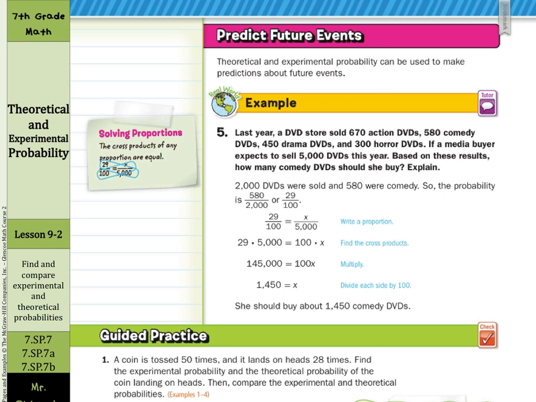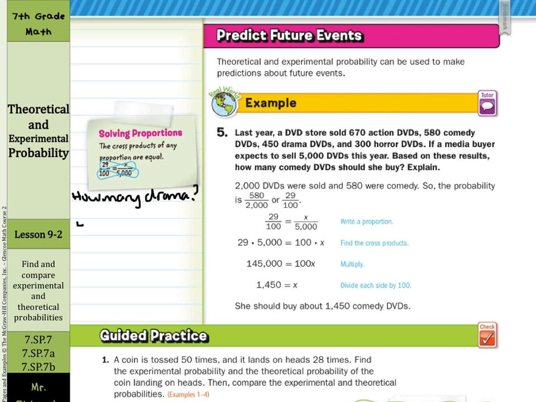Now let's twist this. Let's say that we want to find out how many, let's go with drama. How many drama DVDs should the same person buy? Well, once again, there were a total of 2,000 DVDs sold last year. Of those, 450 were drama.